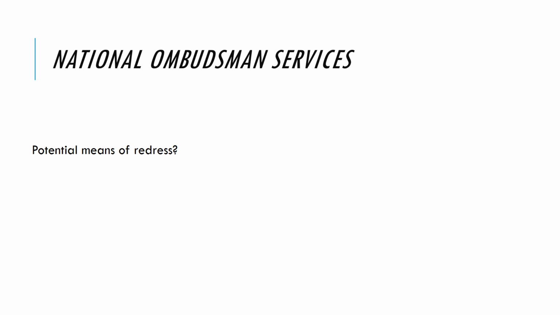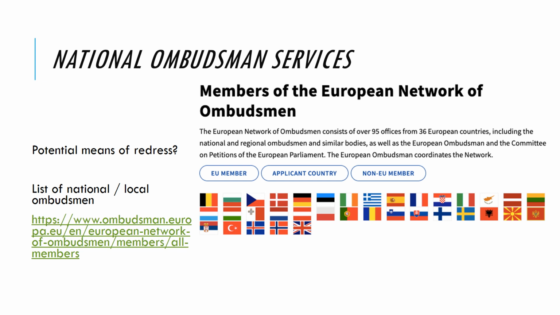Finally, consideration should be given to making use of national ombudsman services. These are independent national bodies which are tasked with investigating complaints brought against administrative authorities. Their specific roles and powers vary widely, but they all provide alternative means of resolving disputes between individuals and national authorities. An ombudsman service, which receives a complaint about the misapplication of EU law, will typically investigate the matter and issue a decision.